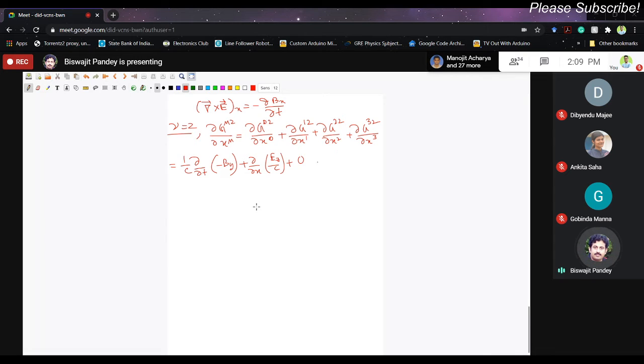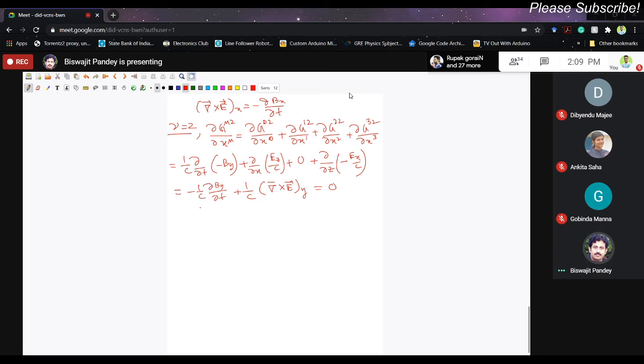This is 0 since it is a diagonal term, plus del Z of F, what was F32. F30 was Ez by C, 31 was minus of By, 32 was Bx. So Bx has to be represented as minus Ex by C. So this will be minus of Ex by C, right? And then again simplify in the same manner, you get minus of 1 by C del By del T. If you organize this, you will see this will be 1 over C, and nothing but this is curl of E y component, which is again on the right hand side we have 0 only.